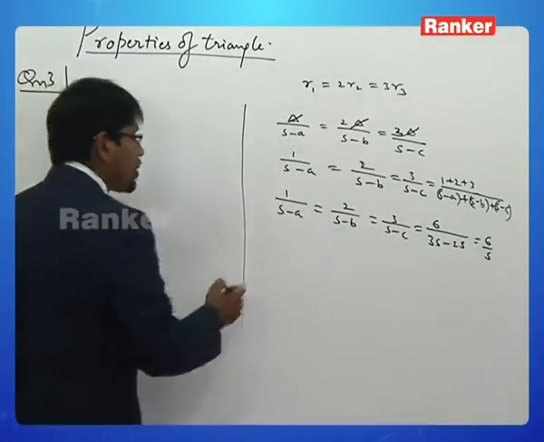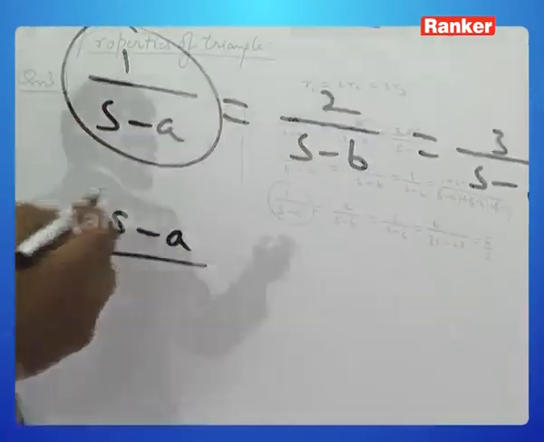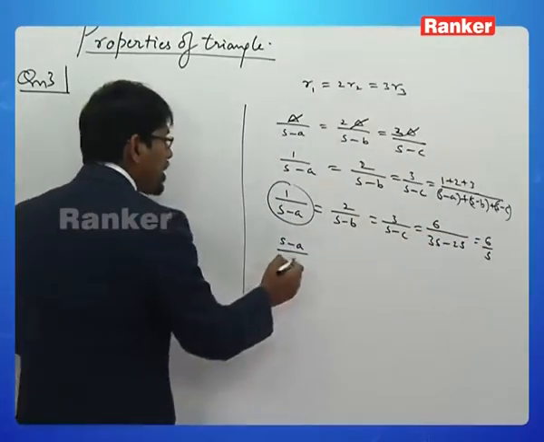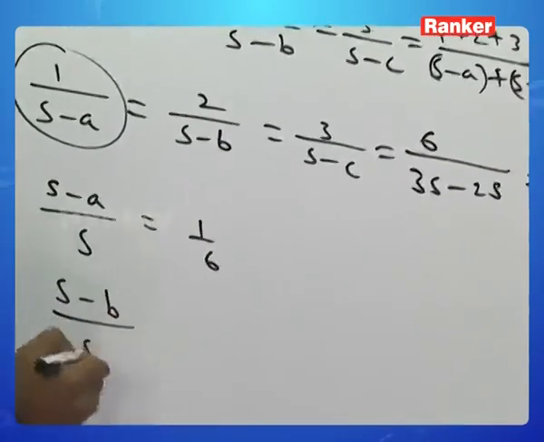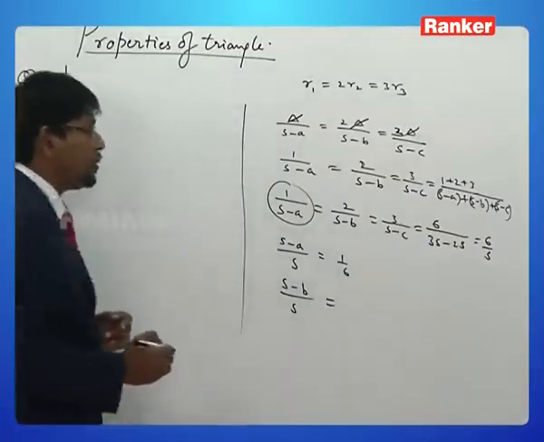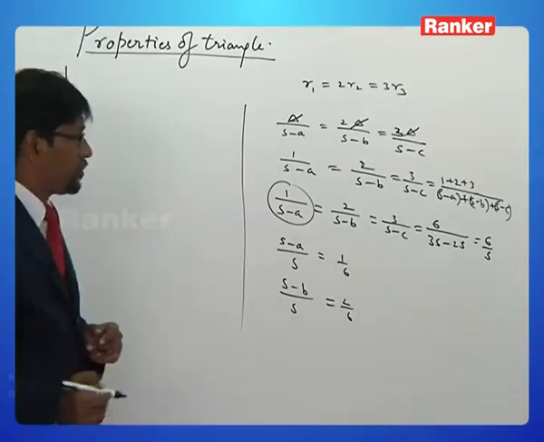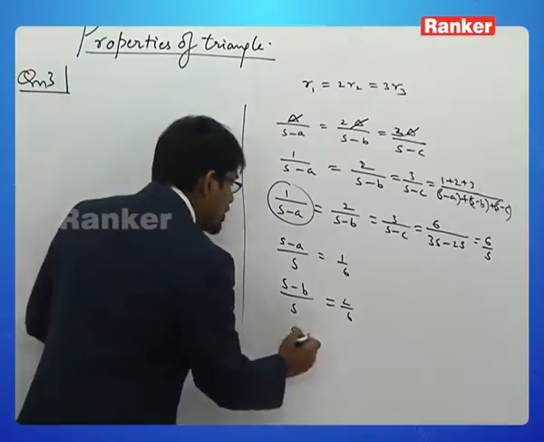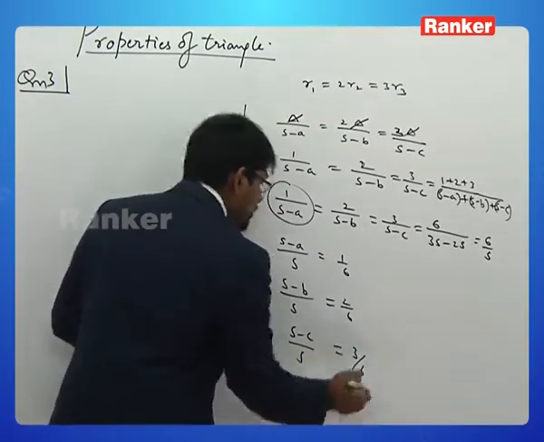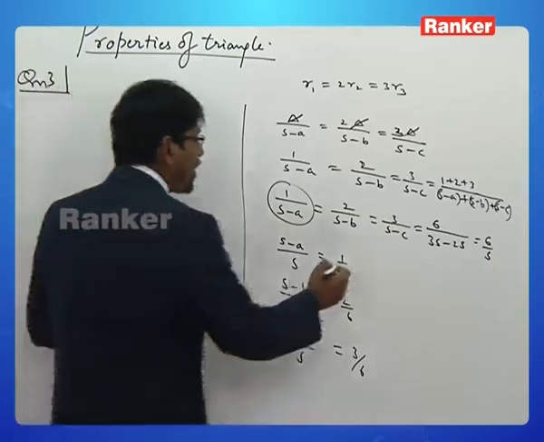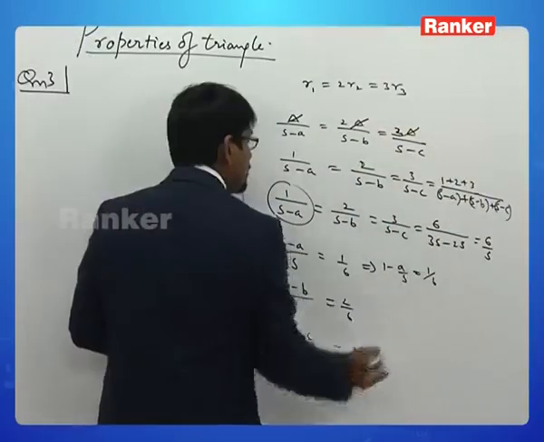So we have therefore, let us equate the first and the last, S minus A by S is equal to 1 by 6. Similarly, S minus B by S is equal to 2 by 6. And S minus C by S is equal to 3 by 6. So from here we can say that 1 minus A by S is equal to 1 by 6.